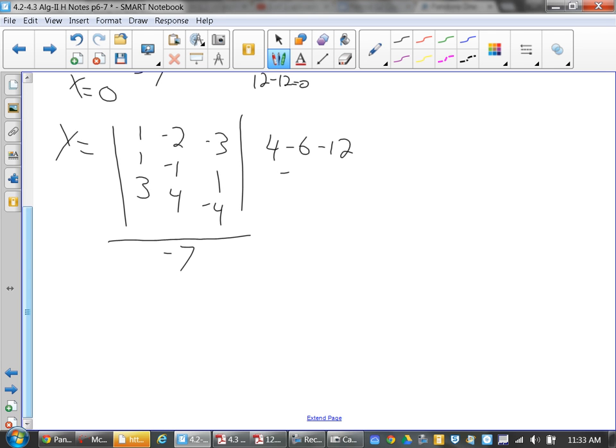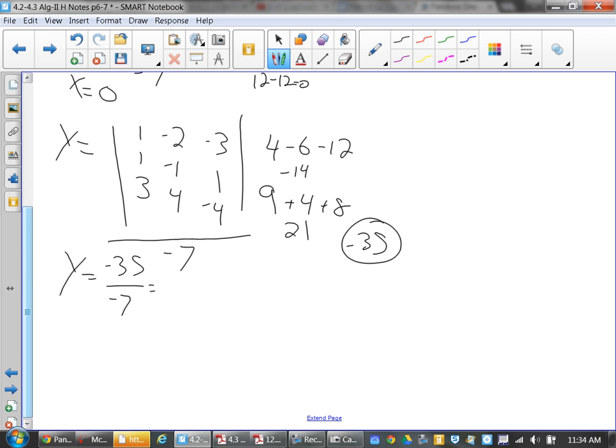So it's negative 14, I believe. And then going upward, we have 9, 4, 1, and 1, negative 4, negative 2. So that's negative 14 minus 21. So you get negative 35. So y is negative 35 over negative 7, which is 5.